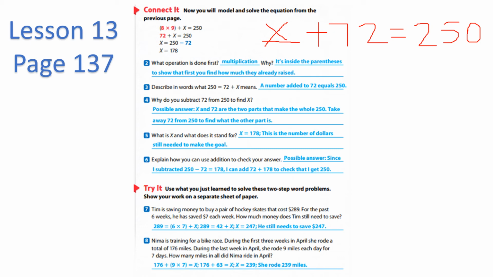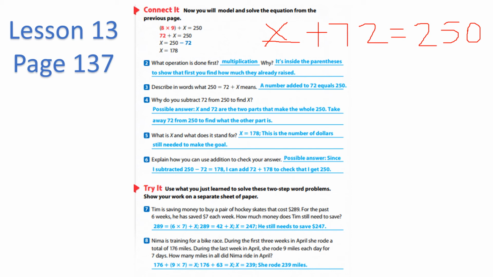So on number 4, why do you subtract 72 from 250 to find X? It already says that X and 72 are the two parts that make the whole 250. So take away 72 from 250 to find what the other part is. And we know that we can connect addition and subtraction to solve for unknowns.